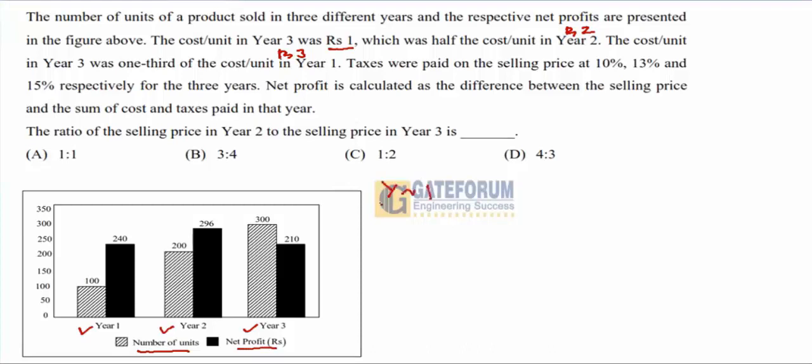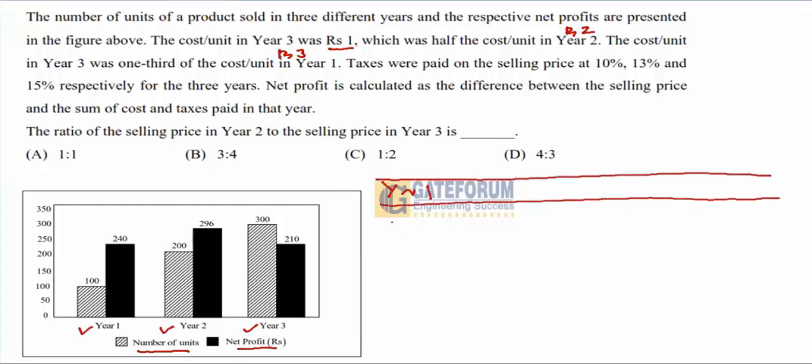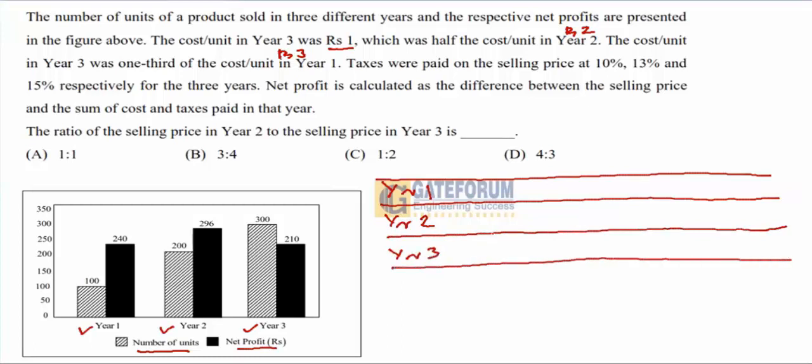Year 1, year 2, year 3. The first row is the number of items. So let us quickly put it in: 100, 200, and 300.